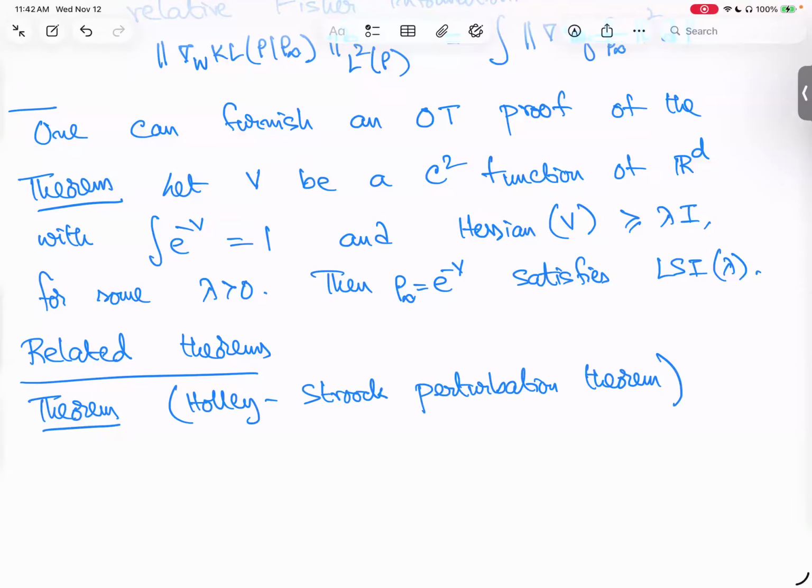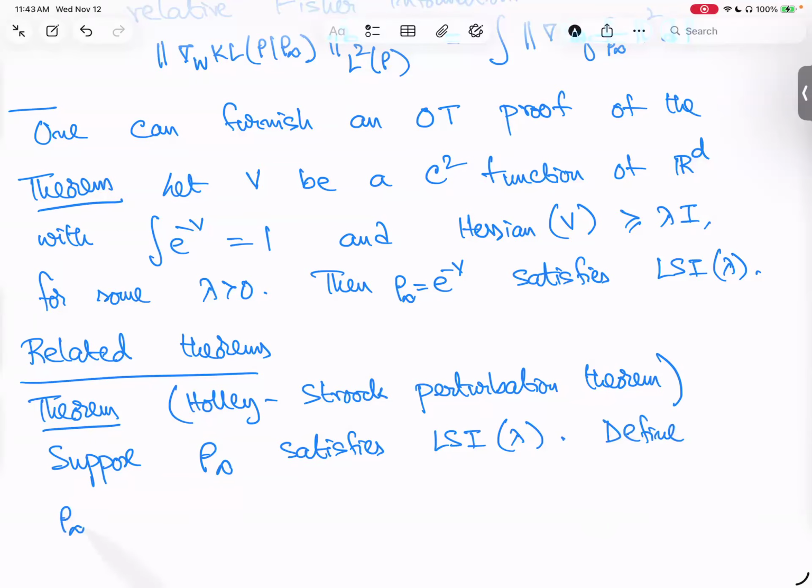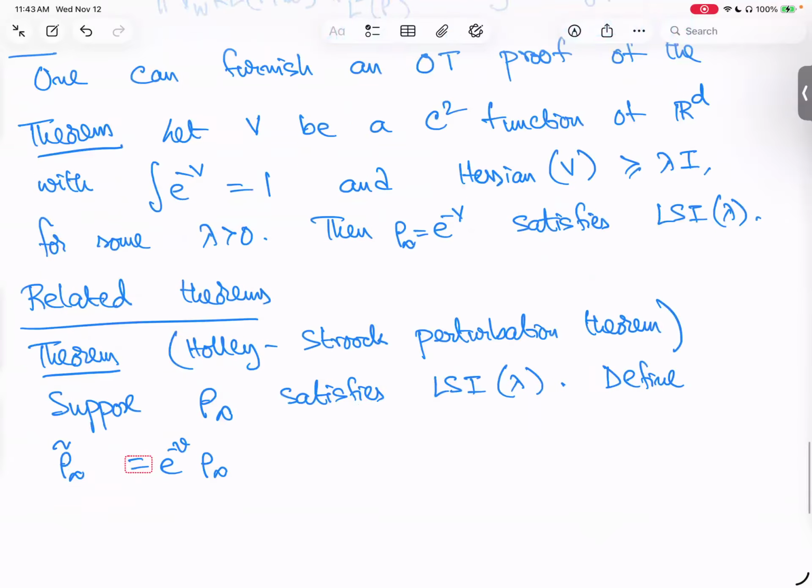So the theorem says the following. Suppose rho infinity satisfies logarithmic Sobolev inequality with some constant lambda. Now define rho infinity tilde to be e to the power minus small v times rho infinity, where v is bounded.